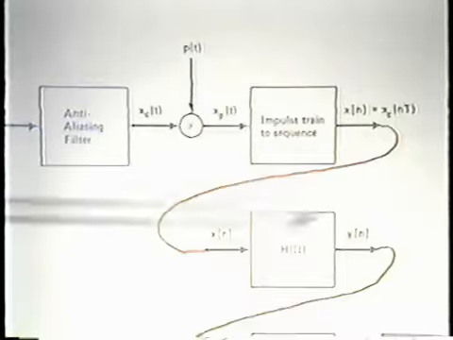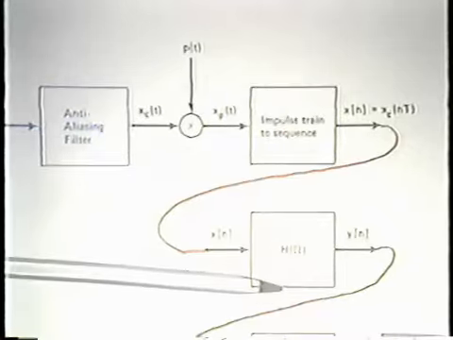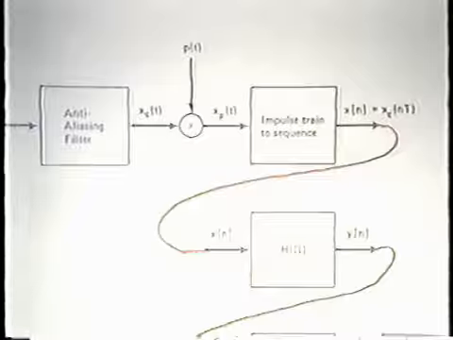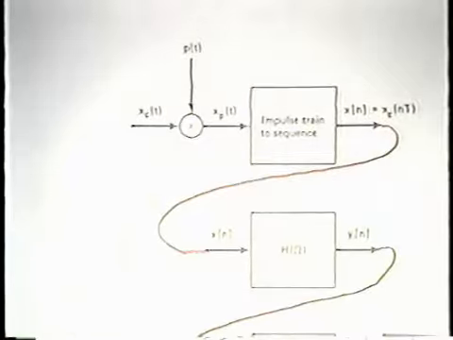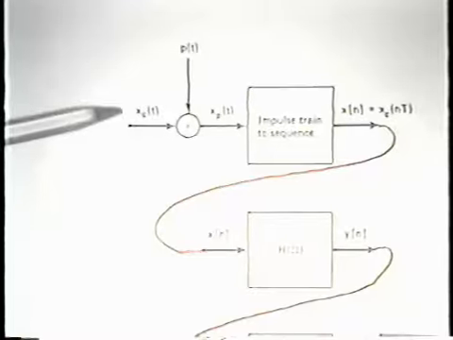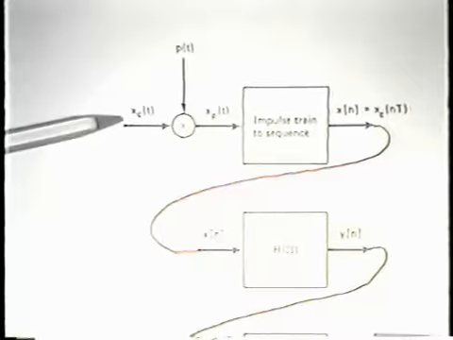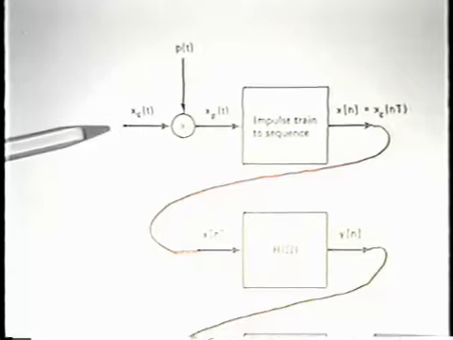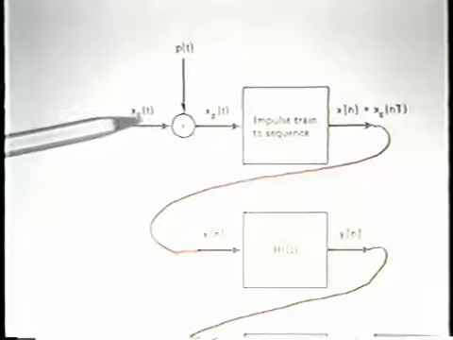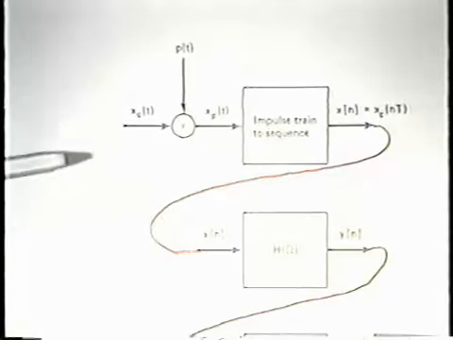In this particular diagram, I've included an anti-aliasing filter. In fact, in the demonstration, there is no anti-aliasing filter. And so, in fact, the input is a sinusoidal input which is not band limited by virtue of an anti-aliasing filter.